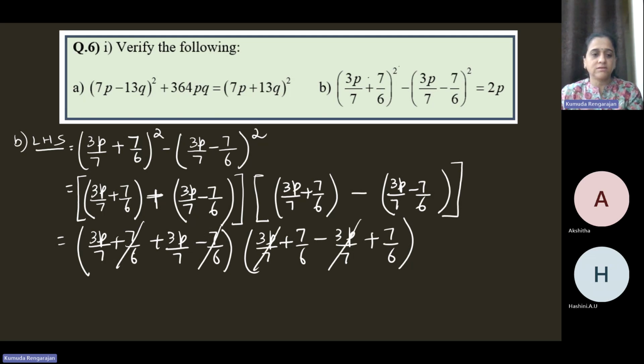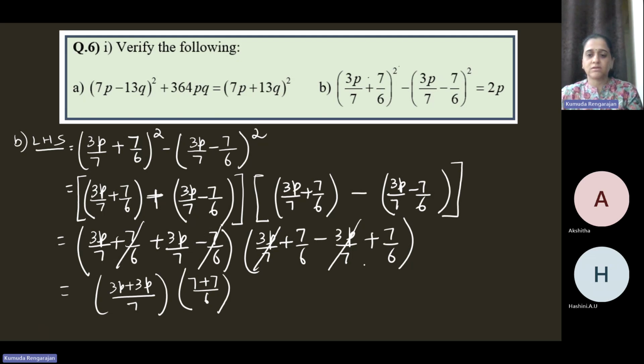This gets cancelled. So 3p by 7 plus 3p by 7 is 2 times 3p by 7. When you take the LCM, 7 by 6 plus 7 by 6 is 7 plus 7 by 6. Correct?